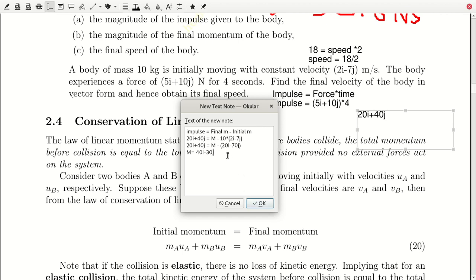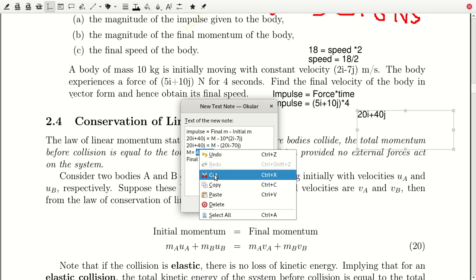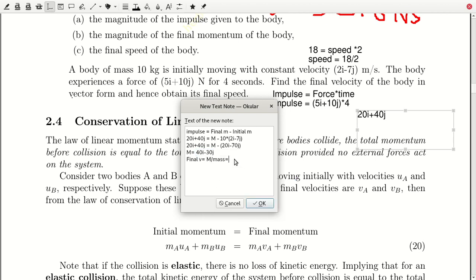So to get the final velocity, we shall get the final momentum divided by the mass. So it means we shall get this 40I minus 30.